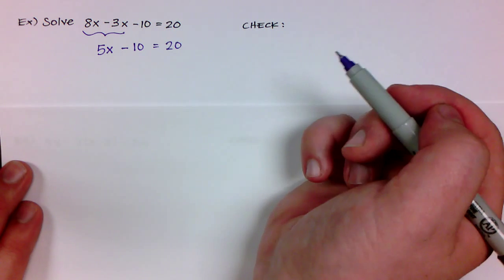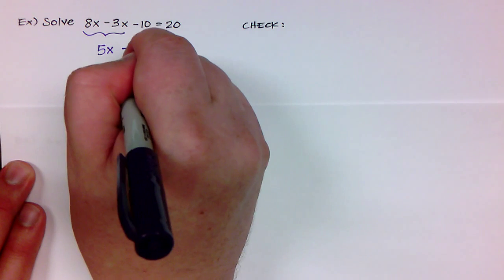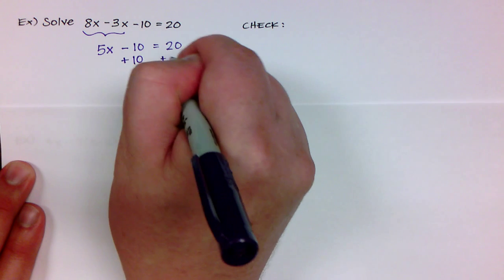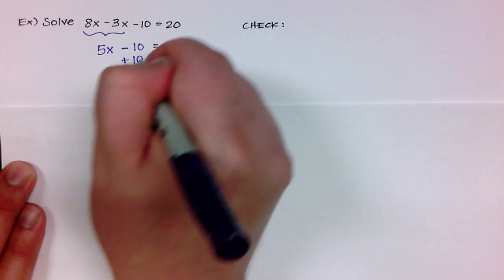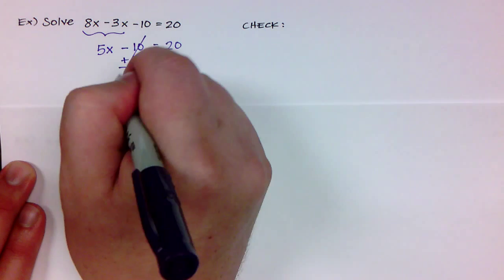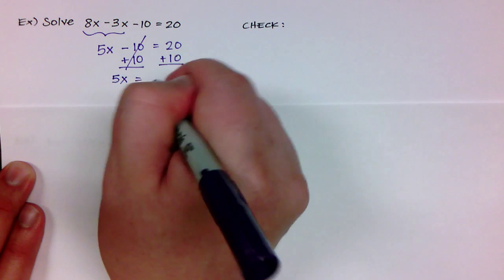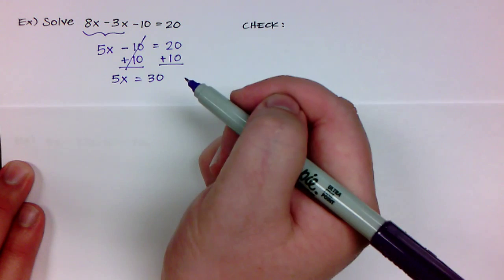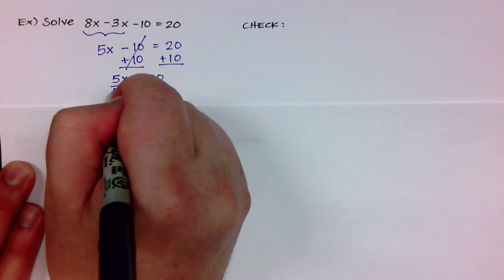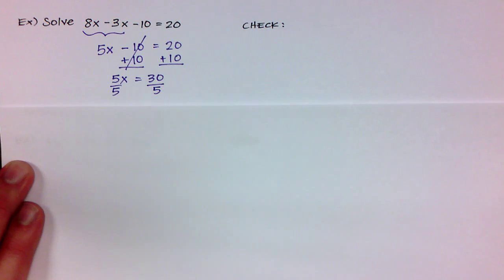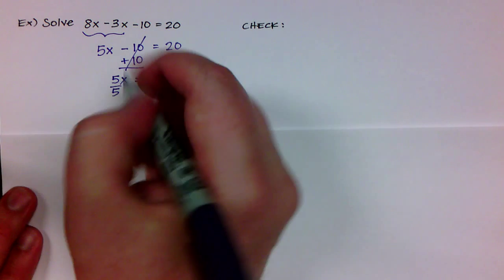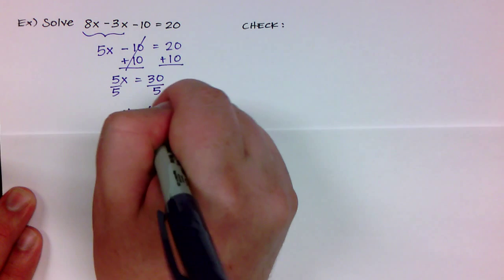Okay, now it looks like my two-step equation. I'm going to get rid of this lonely number, so I'm going to get rid of the 10 by adding 10 to both sides. Rewrite it. 5x is equal to 30. One step left, divide both sides by 5, and x is going to equal 6.